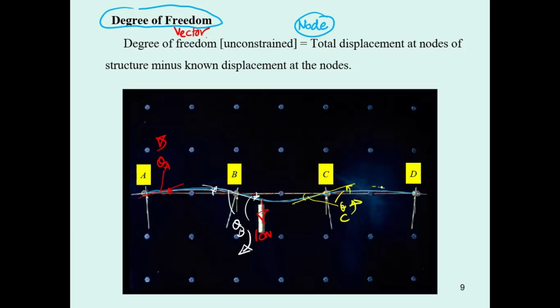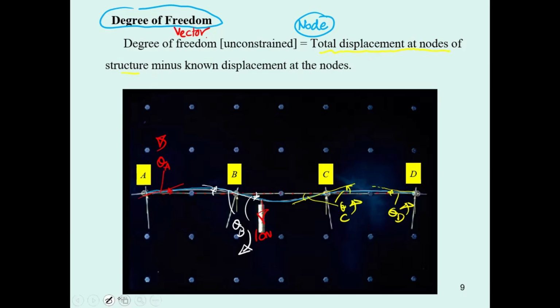The last one rotates in this direction, called θ_D, in the counterclockwise direction. Following this, the total displacement at the nodes is going to be your degrees of freedom, only the unknown deformations.